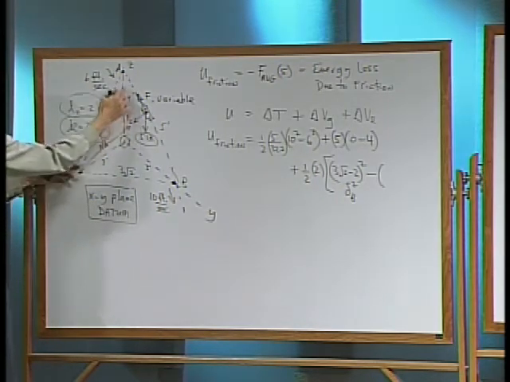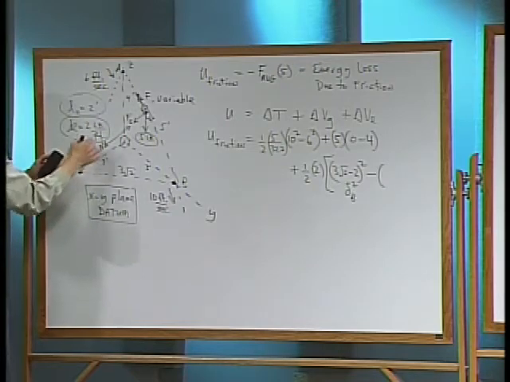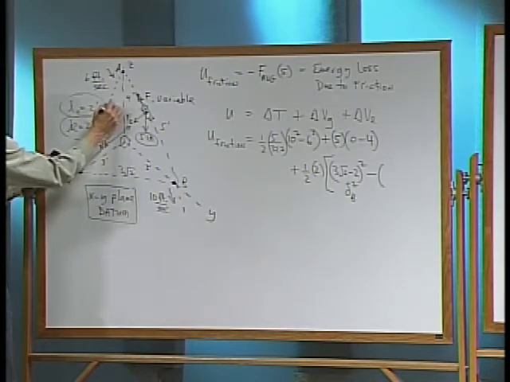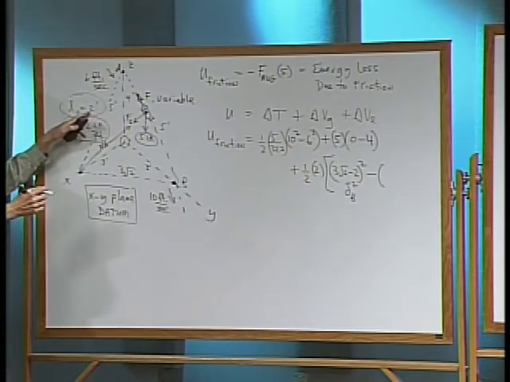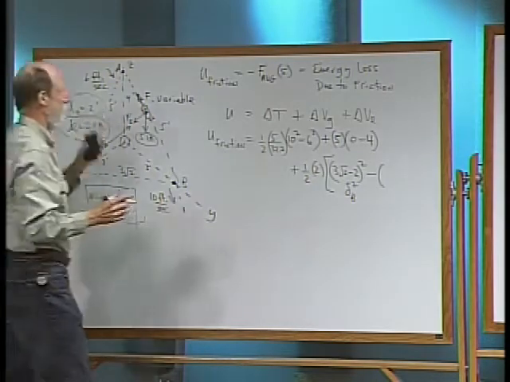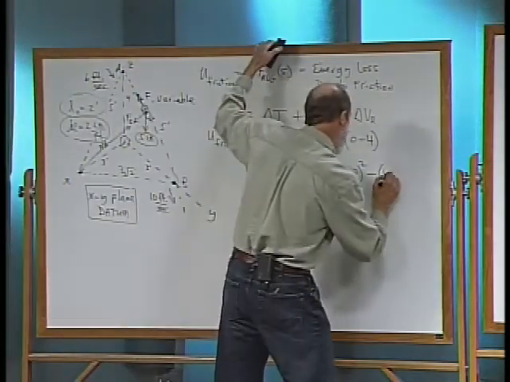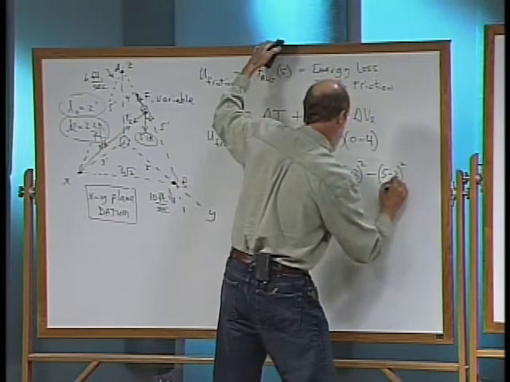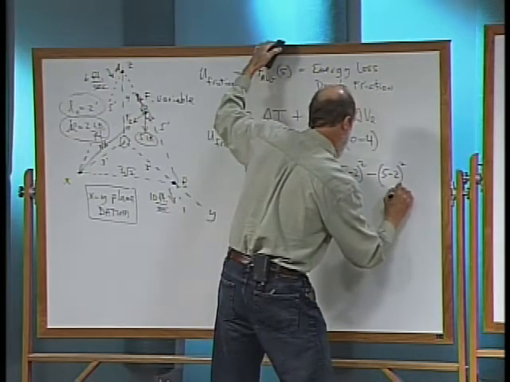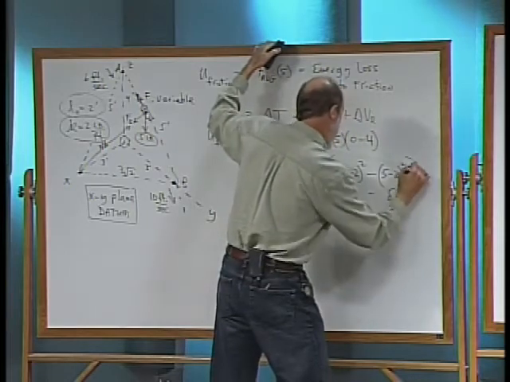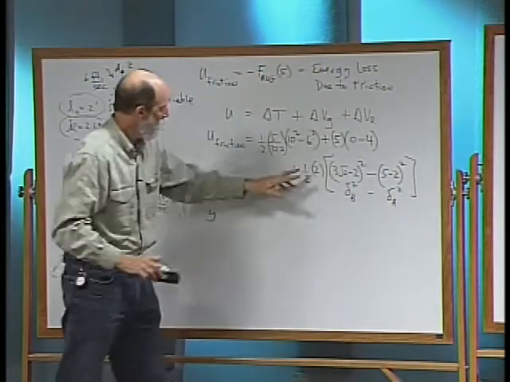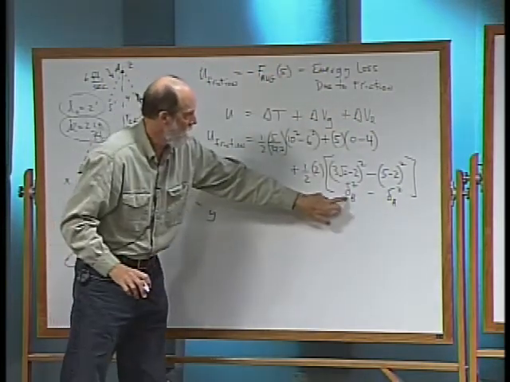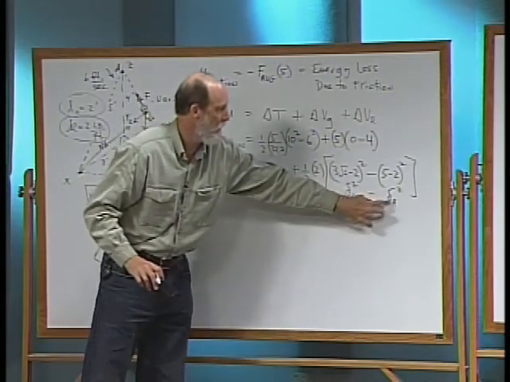Again, a 3, 4, 5. So that length is 5 feet minus the 2 feet, and that distortion at A has to be squared. So it's 1/2 K, delta final squared minus delta initial squared.